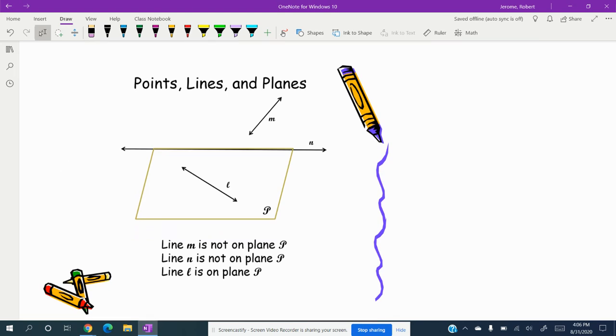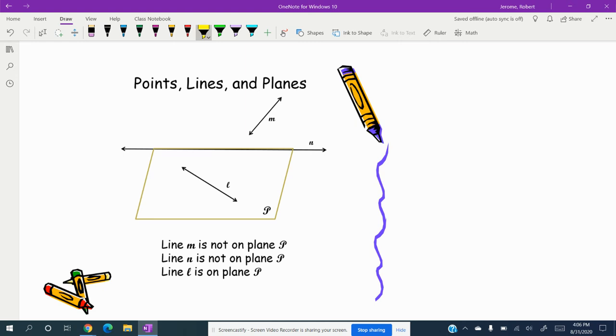But we have to have ways of showing things that are on or not on that plane. So if you look at this picture, look at line L. It's completely inside the plane, the drawing of the plane. So it's on the plane. M is completely outside. So it's considered not on the plane. N is the confusing one. We should never be drawing things like this.